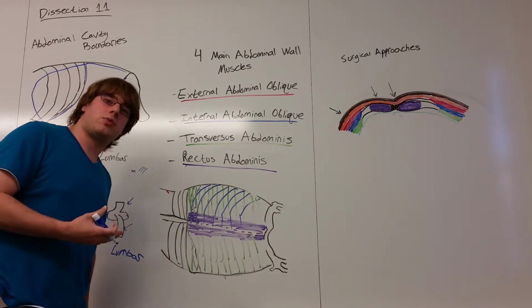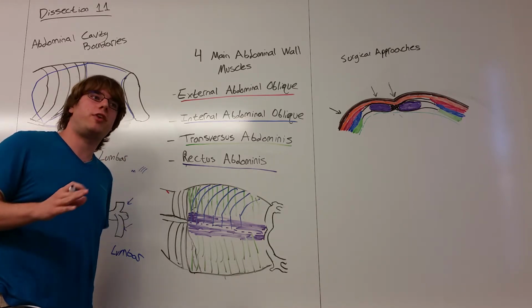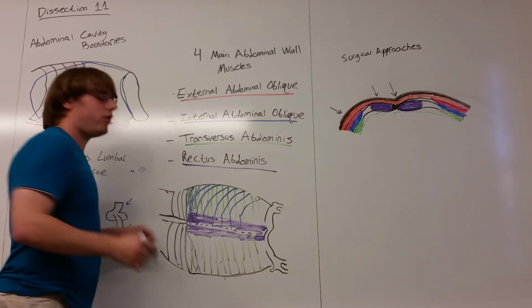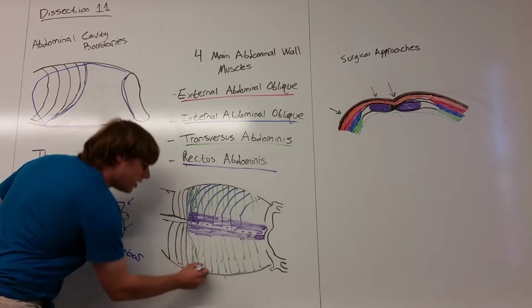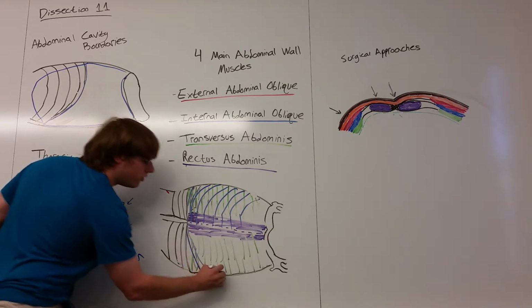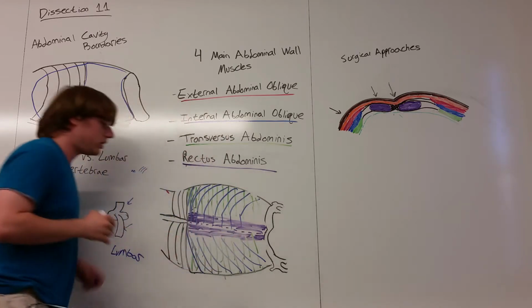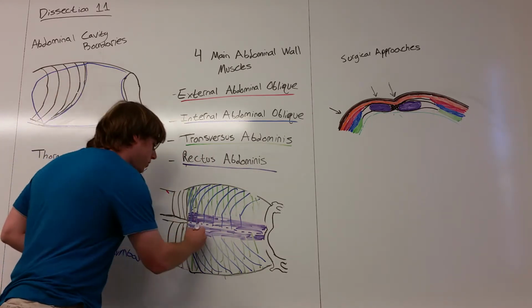Its lateral attachments will be a combination of the thoracolumbar fascia of the last few ribs, as well as some transverse processes of lumbar vertebrae. And again, it runs in a cranioventral direction. Now, like I said before, it attaches to the linea alba via aponeurosis.